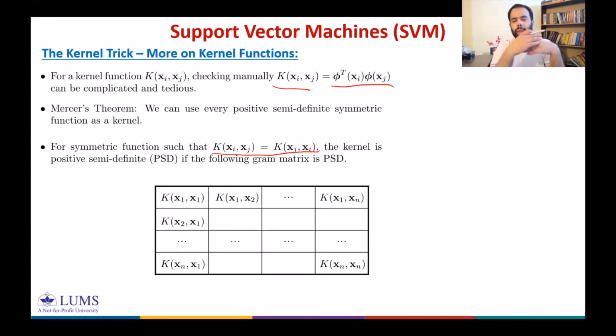A PSD matrix is an analog of the multiplication of a quantity by a non-negative quantity. That does not change the plane, right? It remains the same. If the Gram matrix for a kernel function is positive semi-definite, we say we can use the kernel function.